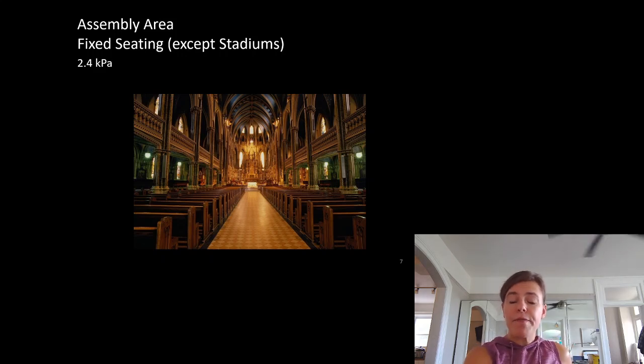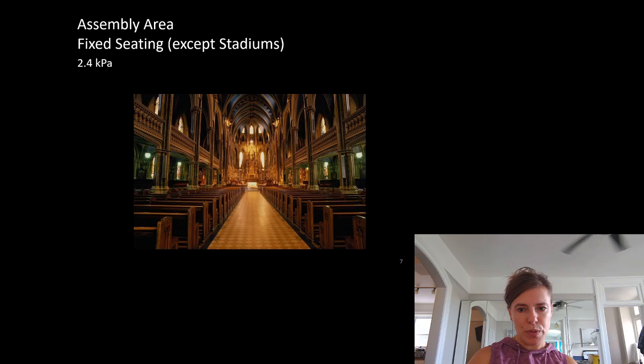Interestingly enough, if we have fixed seats, that 4.8 kPa can be 2.4 kPa. The idea being that if you have lots of seats, and we're talking really fastened to the floor, not ones that you glue down and move around, or furniture that's really heavy. This is fixed seating.